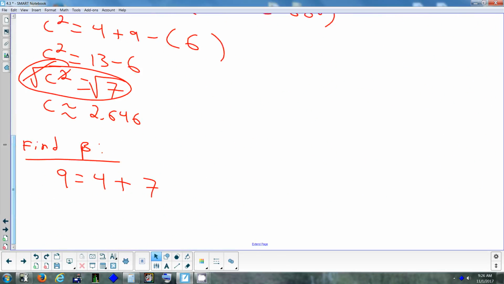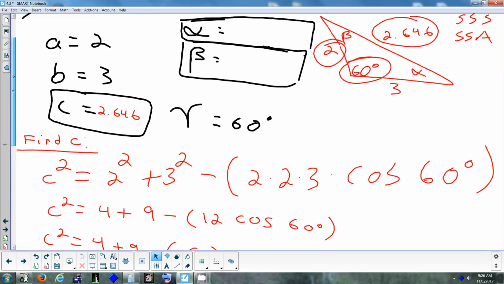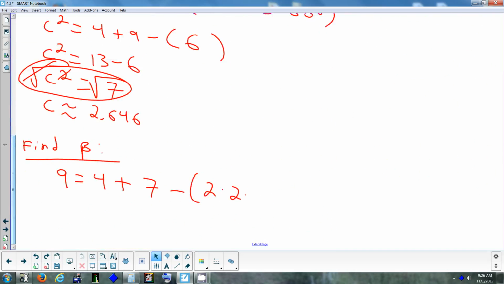All right, so B squared equals A squared plus C squared minus, can you keep going for me? 2 times A times C. So I'm just going to write that. 2 times 2 times, and C is 2.646. Yep.